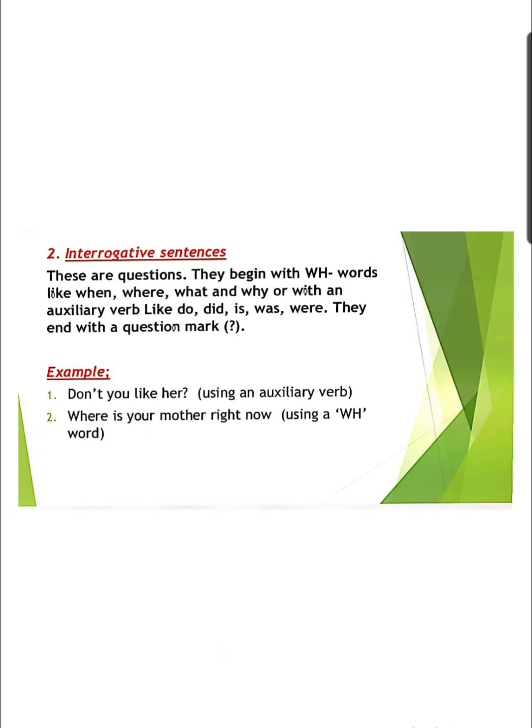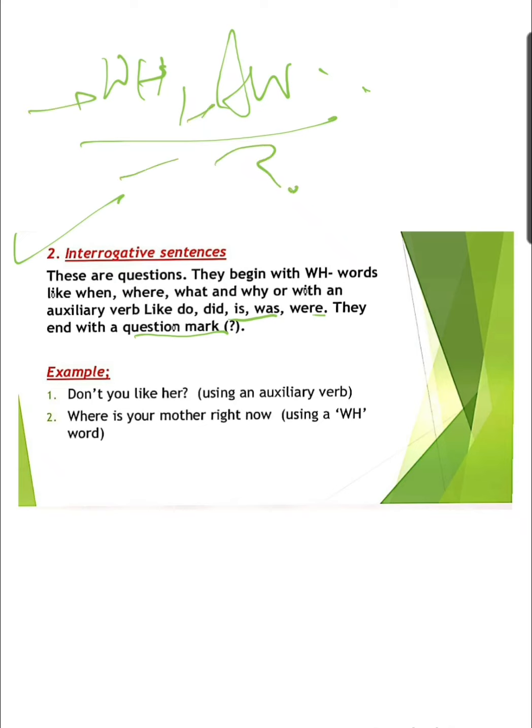Okay, then interrogative. These are the questions. They begin with WH words like when, where, what and why, or with an auxiliary verb like do, did, is, was, were, etc. They end with a question mark. These are the three things that we need to remember about interrogative sentences: always begin with a WH word or auxiliary verb, and then a punctuation mark.